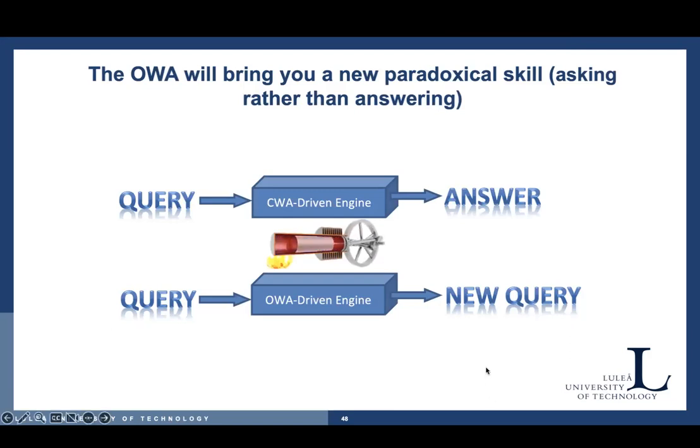The open world assumption means that you enable a new kind of skill: you are learning through asking all the time. You build a system that doesn't give you a direct answer, but is rather interactive.